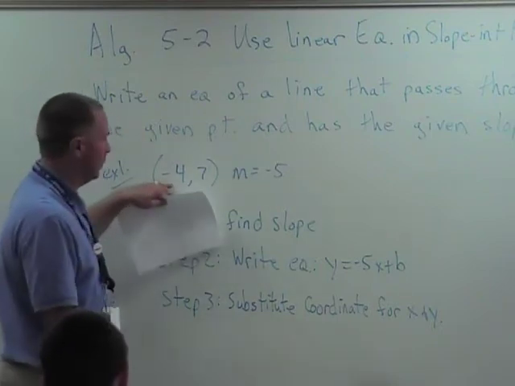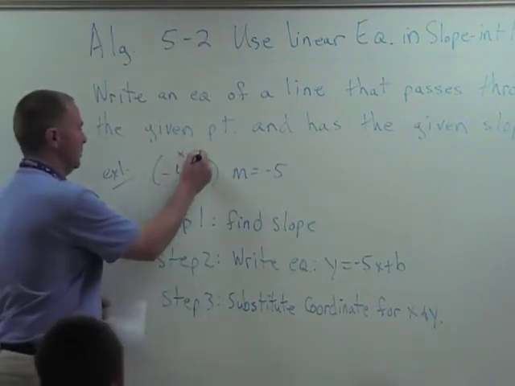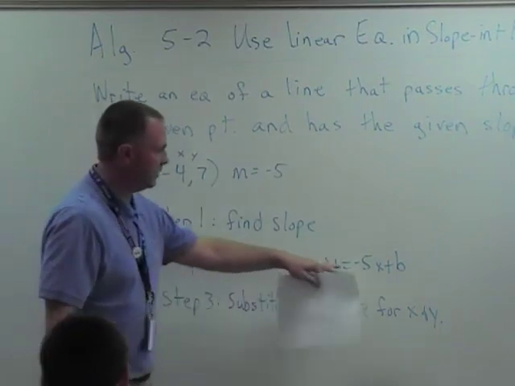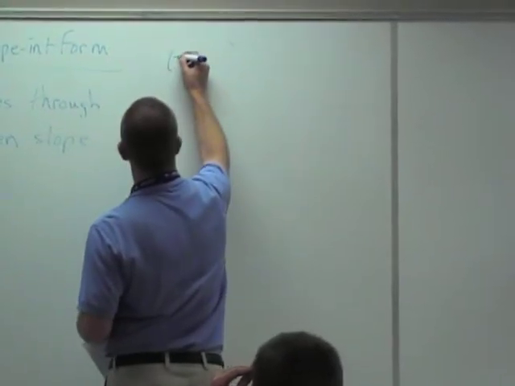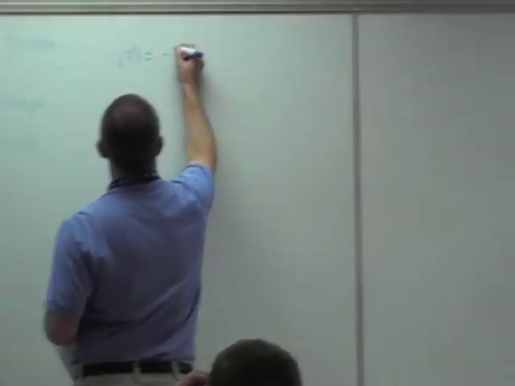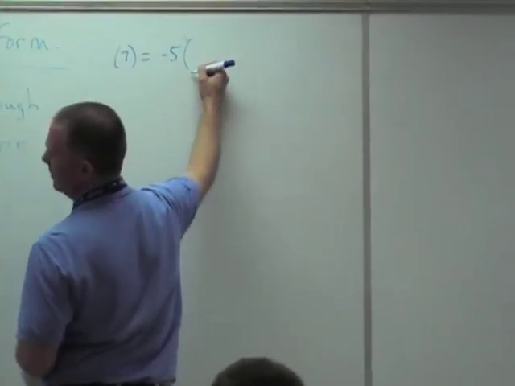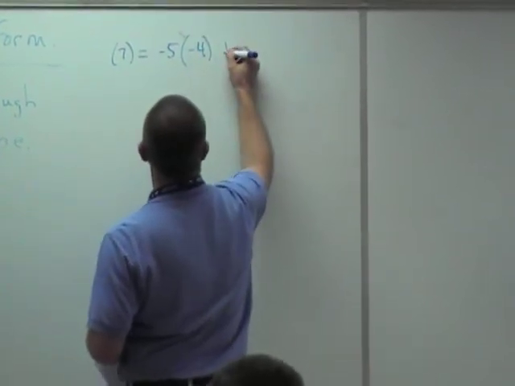Here's the coordinate we were given. This is x, that's y. You've got to substitute those into this equation. So y is 7. You have -5, the slope, times the x, plus b.